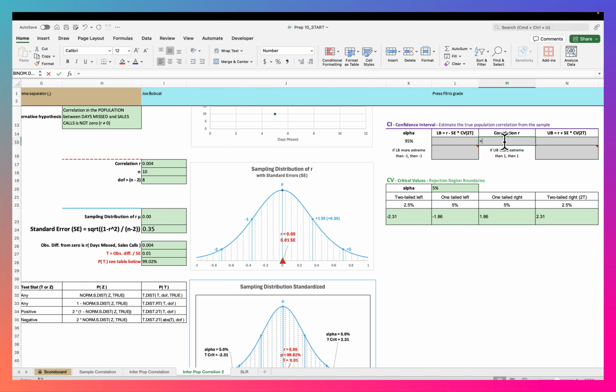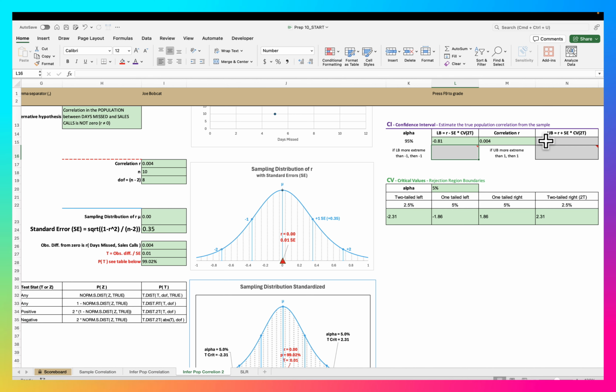And the correlation here is this guy there. And then again, I'm going to add a decimal point so you can see that it really is the 0.004. And then we take that number and subtract from it the standard error times the two-tailed right. So no need for parentheses.